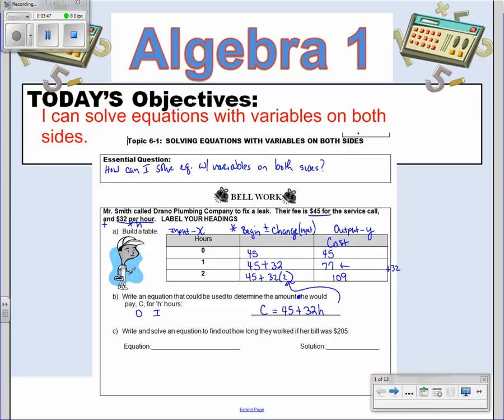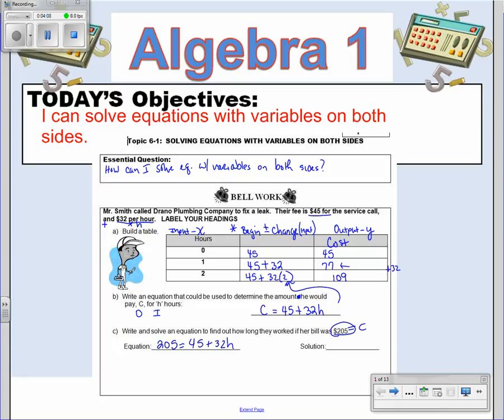Part C says write and solve an equation to find out how long they worked if their bill was $205. To find out, we have to recognize that $205 is a cost. So in my equation where I see the letter C, I'm going to replace it with 205. That's equal to 45 plus 32h.